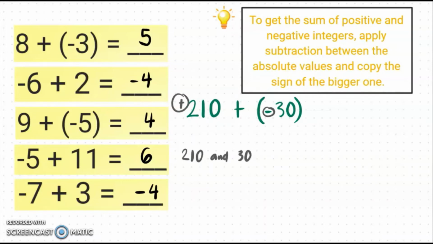So look for or solve the difference between them. So 210, the bigger one, minus the smaller one, 30, is 180. Right? So what is the sign of this 180? So go back to the given. So the 210 is bigger than the 30, right? And its sign is a positive. So our answer, 180, is positive.